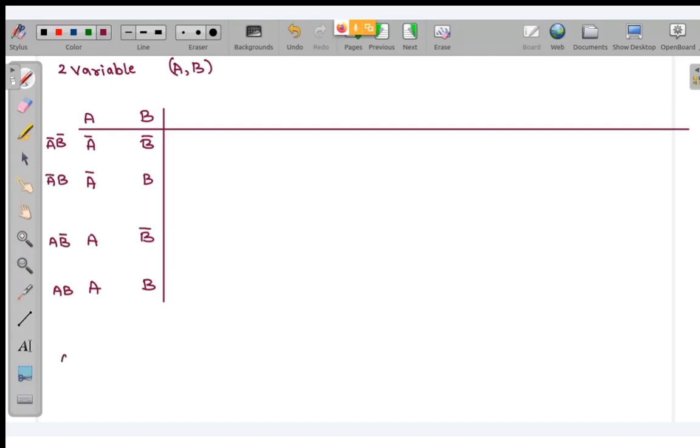Now I can write the generalized function as alpha A complement B complement plus beta A complement B plus gamma A B complement plus delta A B. I can write it like this. So what can be the possible values of alpha, beta, gamma, delta?